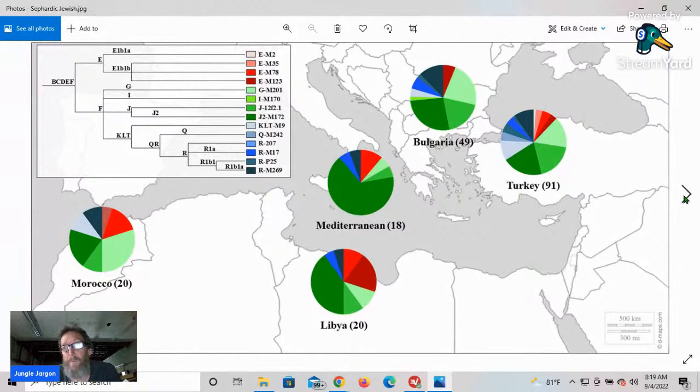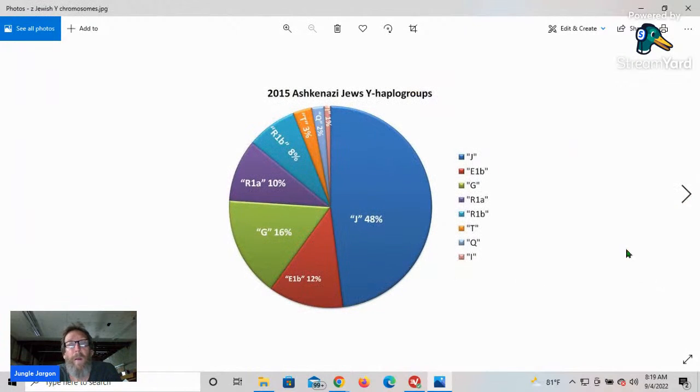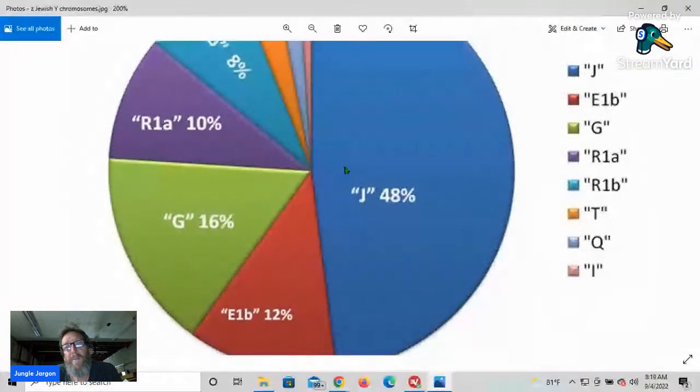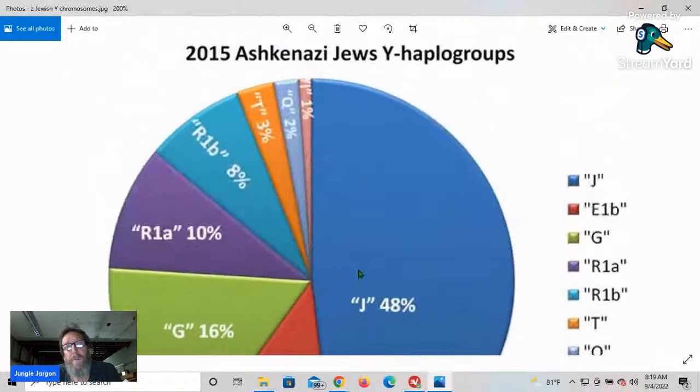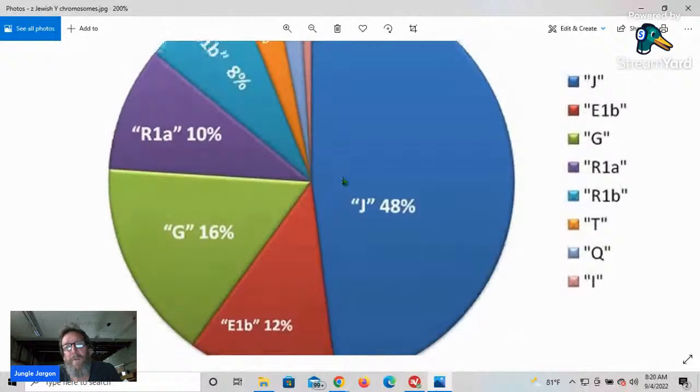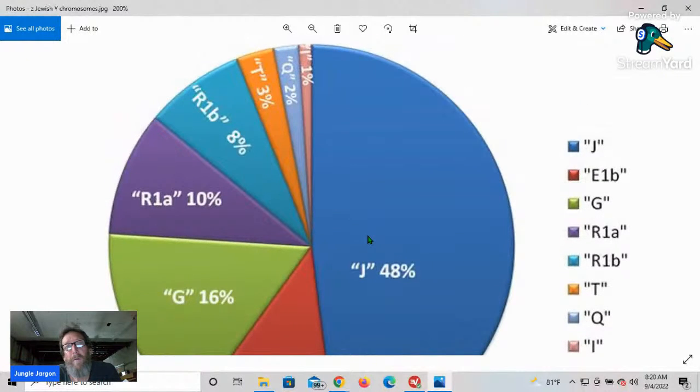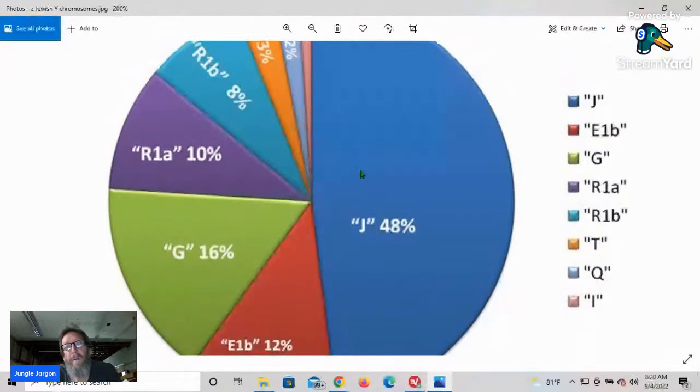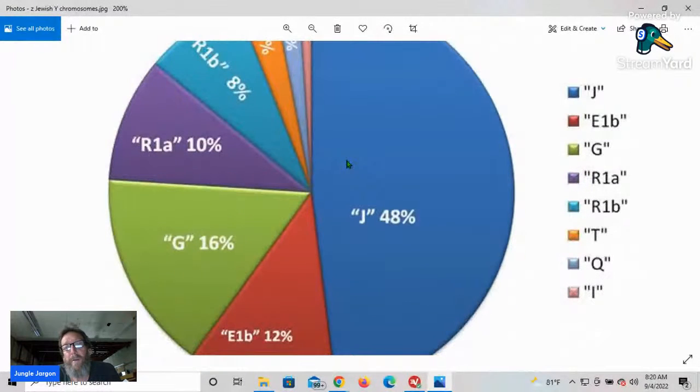Which if you look at, for example, the Ashkenazi Jews, a good almost half of the population of the Ashkenazi Jews, good half of the population, 1% being I, is Judaic.